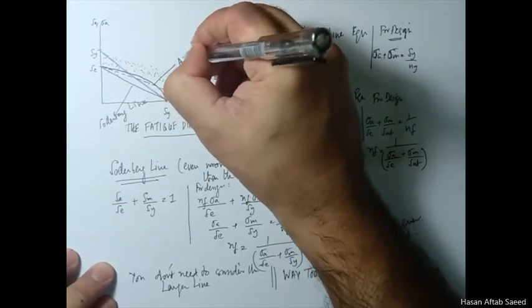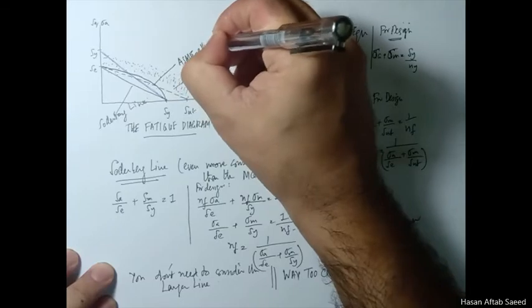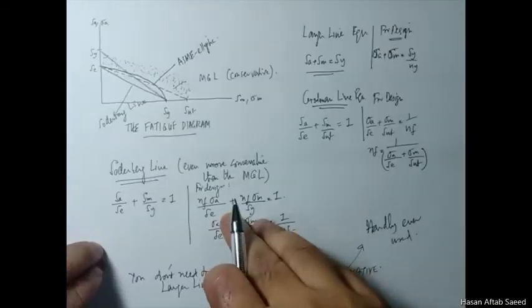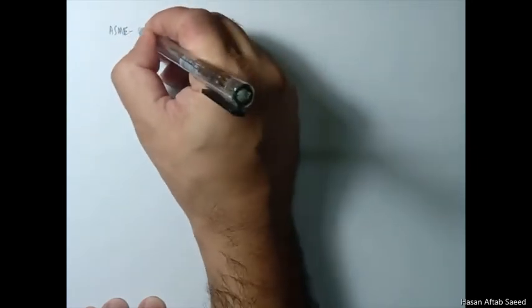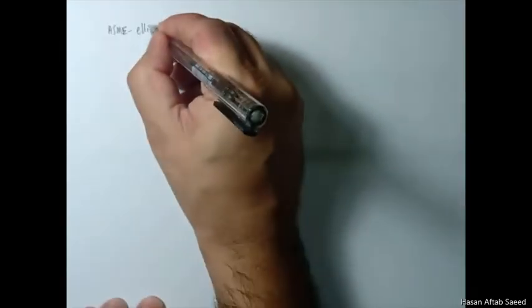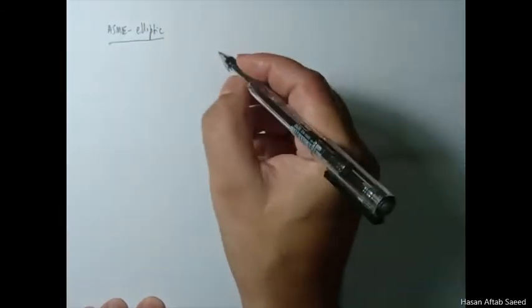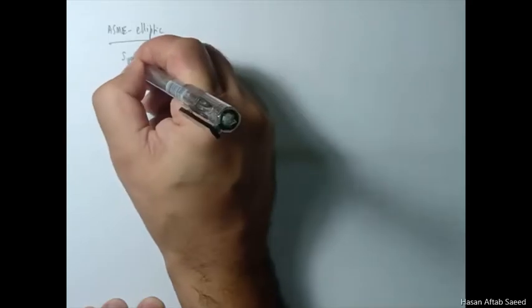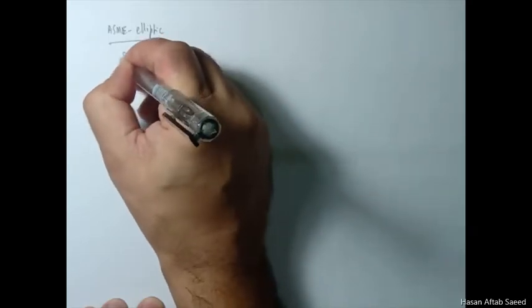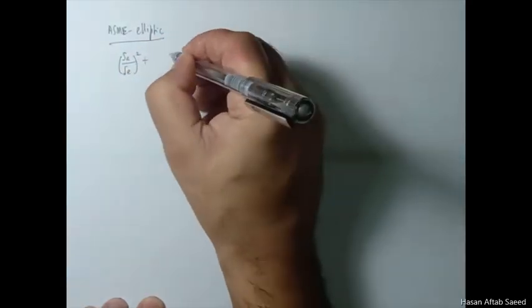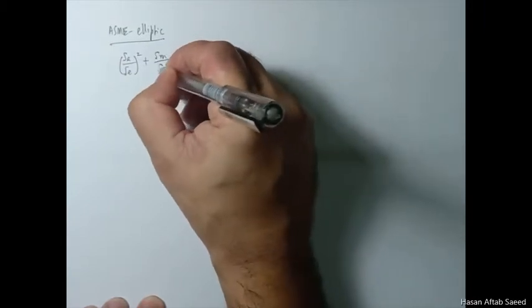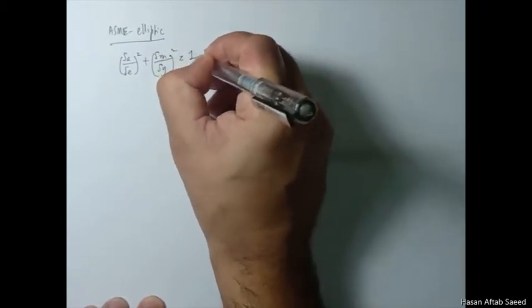This is ASME-elliptic, and because it's an ellipse, the equation of this line will be SA over SE whole square plus SM over SY whole square is equal to 1. This is not a linear equation.